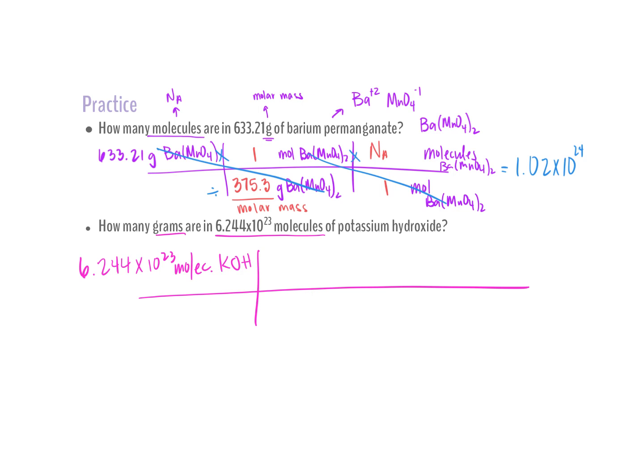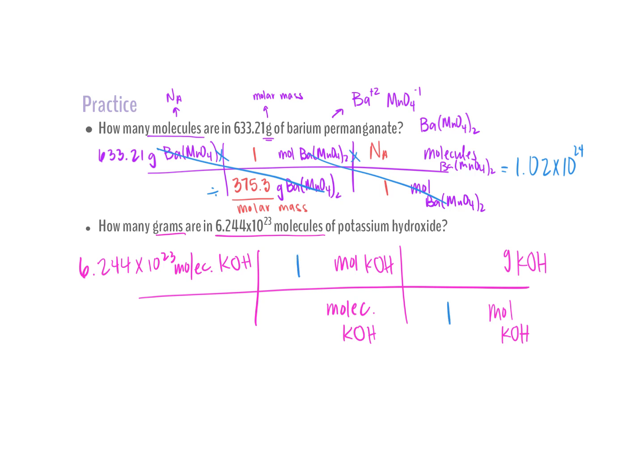Okay, what's got to go on the bottom here? Molecules of KOH. Can I go directly to grams? I cannot. I have to go to moles of KOH. I'm going to get rid of moles of KOH and go to grams of KOH. Then I can go in and put in my numbers.